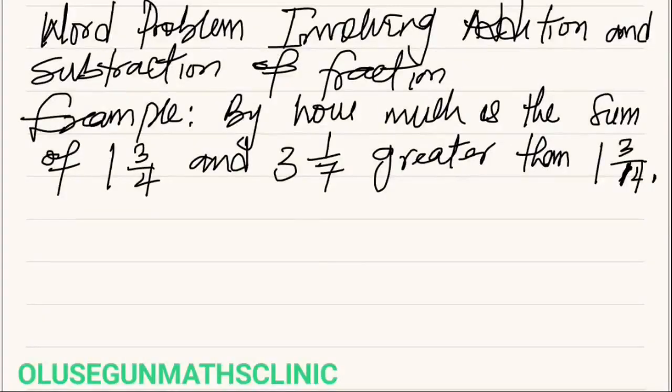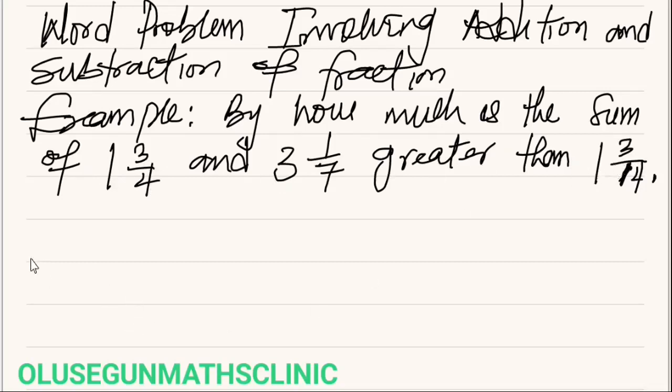So this is another shape of solving fractions. We call it word problems involving additions and subtractions. Example: by how much is the sum of 1 whole number 3/4 and 3 whole number 1/7 greater than 1 whole number 3/14?